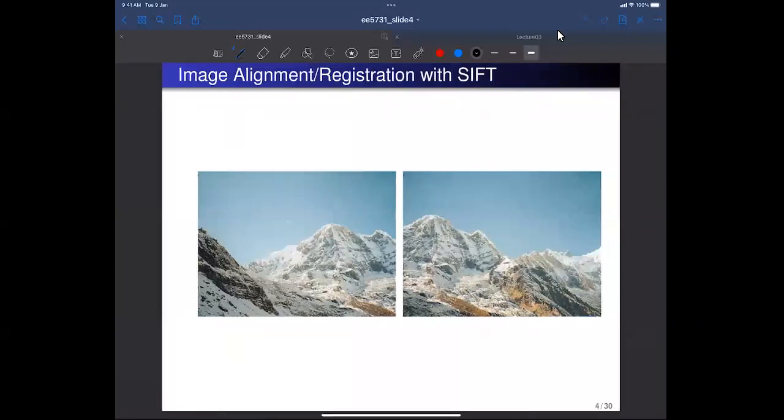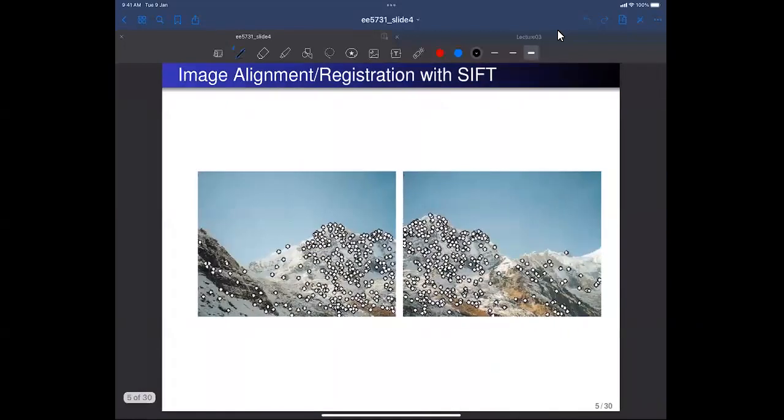And in these techniques, SIFT can be useful because SIFT can give you key points. So the white dots here are called key points. We will try to find these key points. And these key points have to be unique and consistent for the left image and the right image.